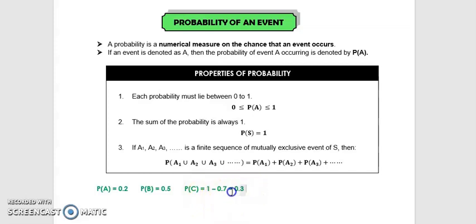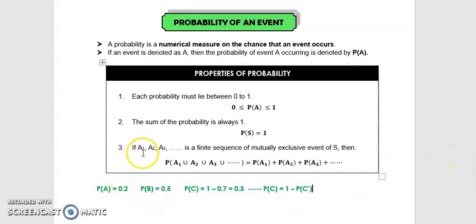So this one we also call the complement rule. For example, probability of C equal to 1 minus probability of C prime. C prime means does not belong to C, which are A and B. So this is the complement rule.